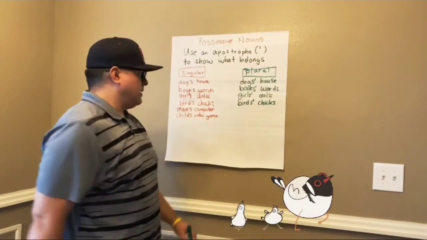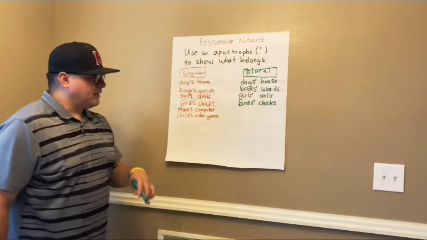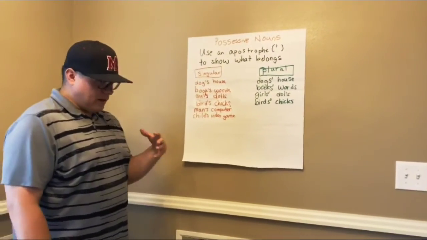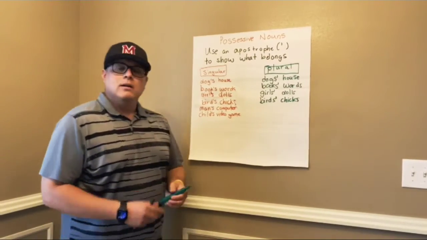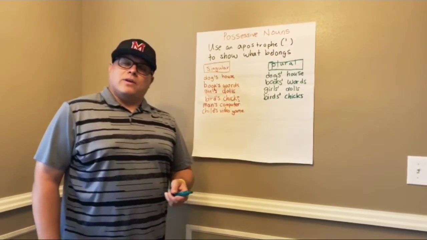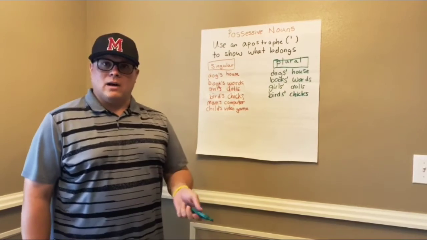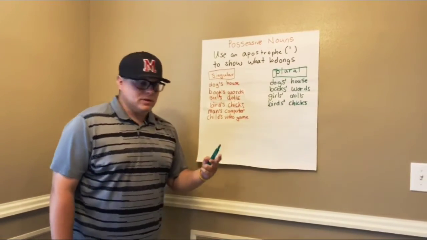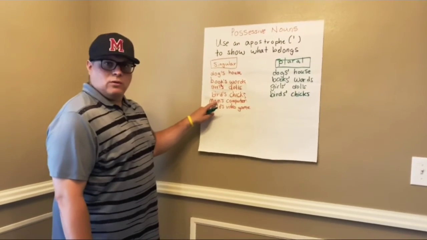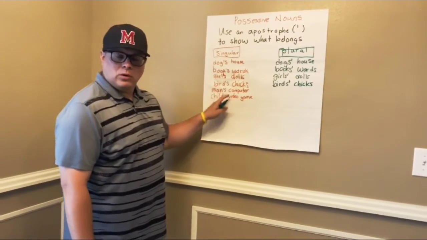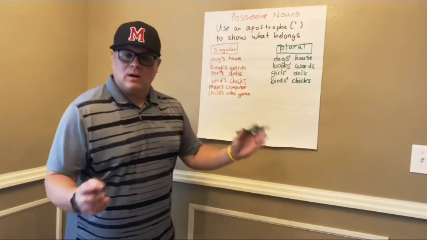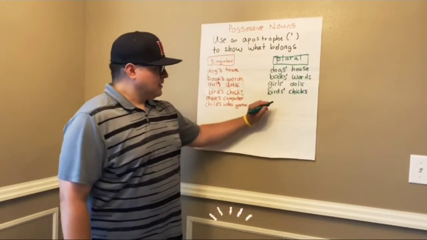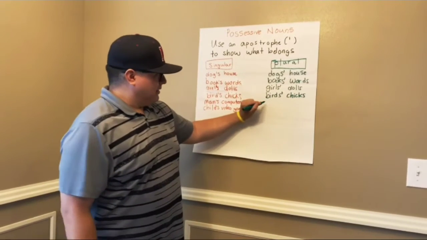Okay, now here's where it gets a little bit tricky, boys and girls. Earlier in the year, we talked about irregular plural nouns, and here are going to be 2 examples of those. What's the plural form of man? You guys probably know this. Pretty easy. Men. Okay, good.